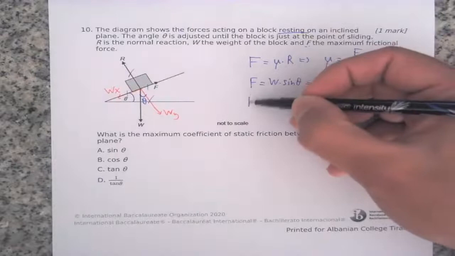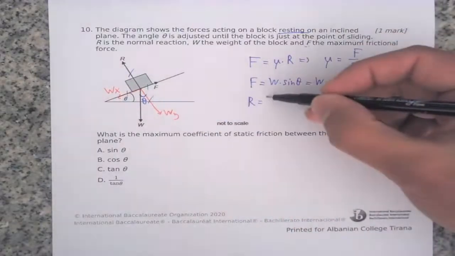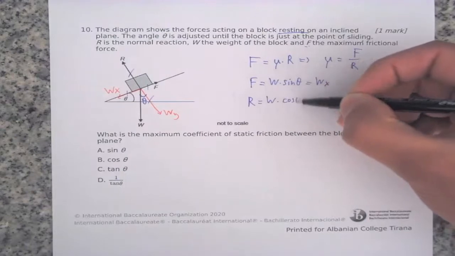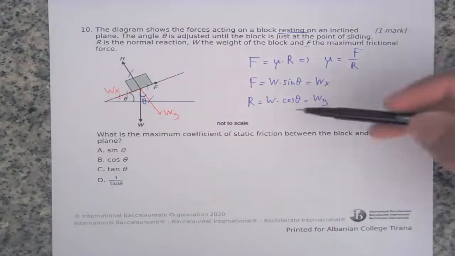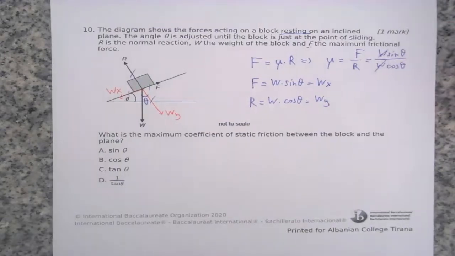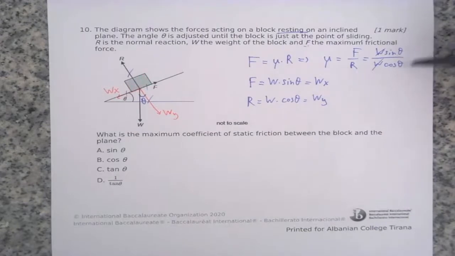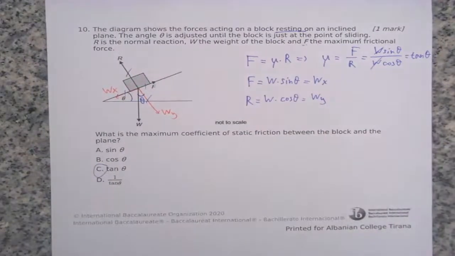On the other hand, you have the R, which is the adjacent component of W, so it is W cosine theta, this is the W Y. So if you replace these equations here, you have W sine theta divided by W cosine theta. The W's cancel out, sine over cosine theta gives you tangent theta. And of course, your answer here is C.